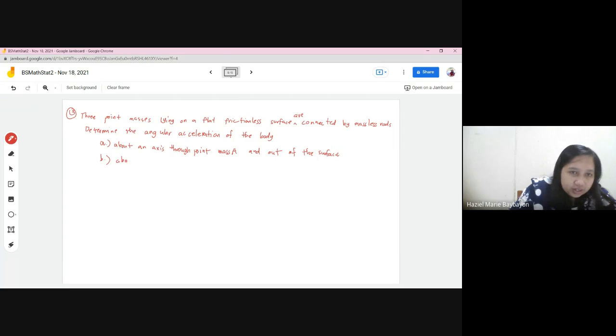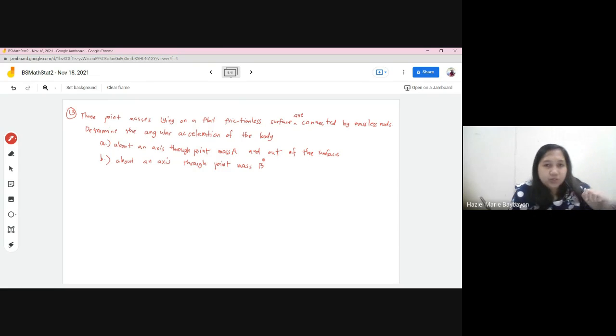And then the other case is about an axis through point mass B. Express your answers in terms of F, L, and M.